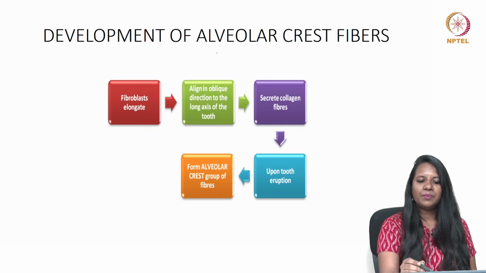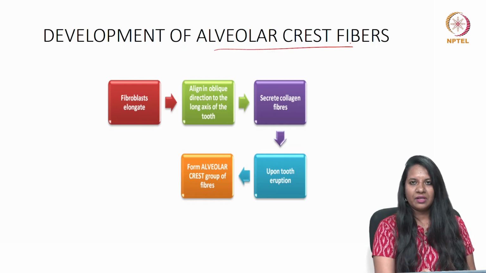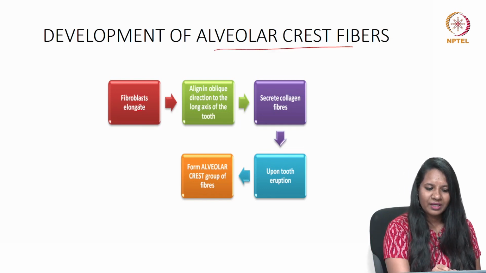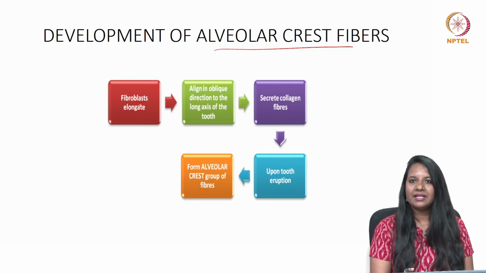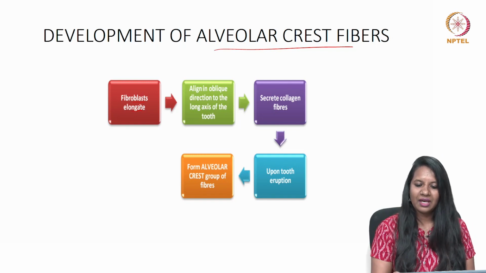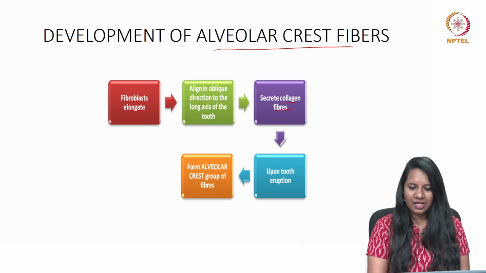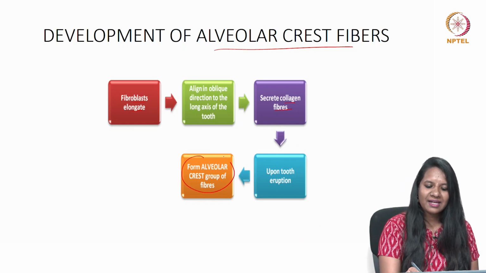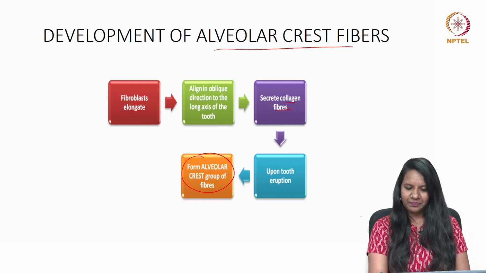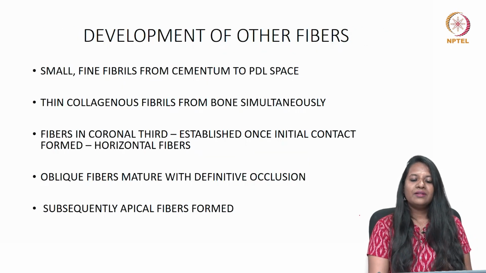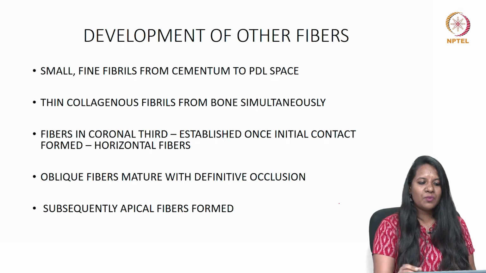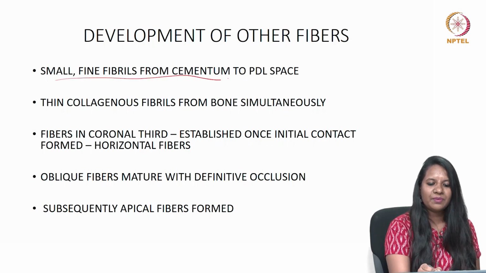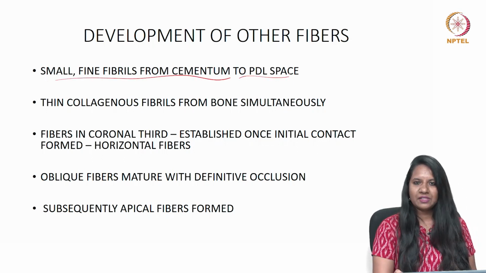So, the first developed fiber is the alveolar crest fiber. These fibroblasts elongate and align in an oblique direction to the long axis of the tooth, and they secrete collagen fibers, and once the tooth starts erupting, they will be formed as the alveolar crest group of fibers. Then, how do other fibers form? Small fine fibrils from the cementum enter the PDL space.